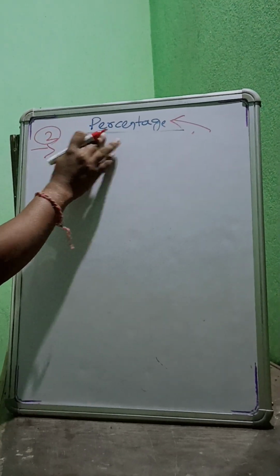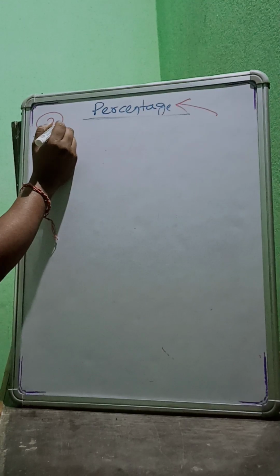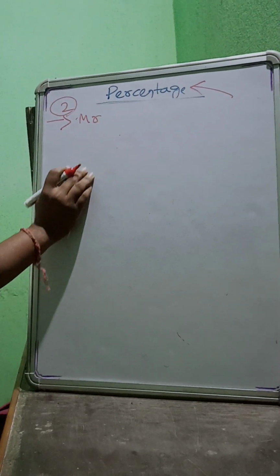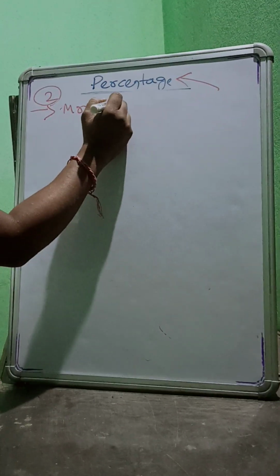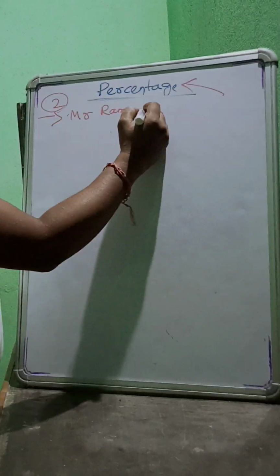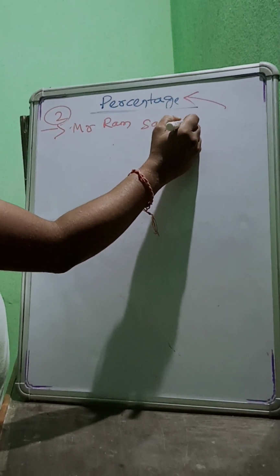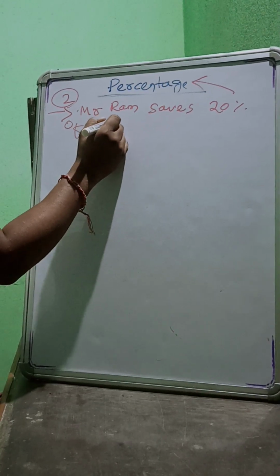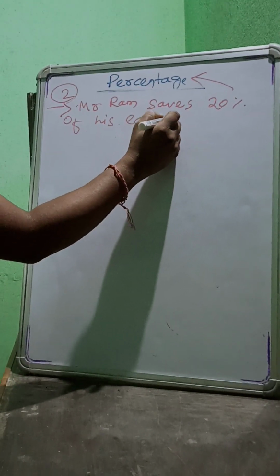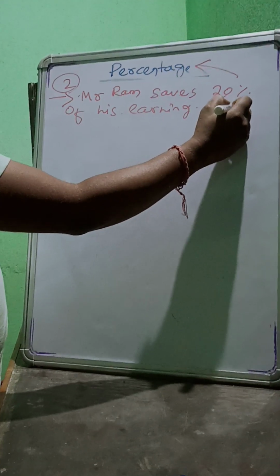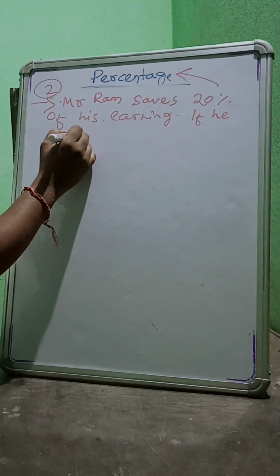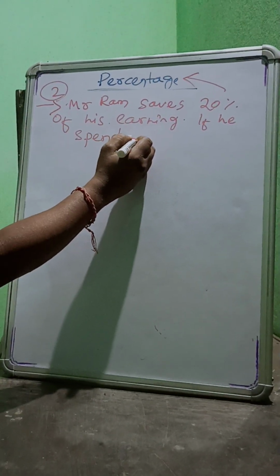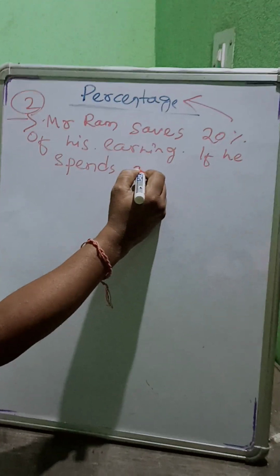Let's discuss question number 2. Another question I want to discuss. Mr. Ram saves 20% of his earning. If he spends 30%.